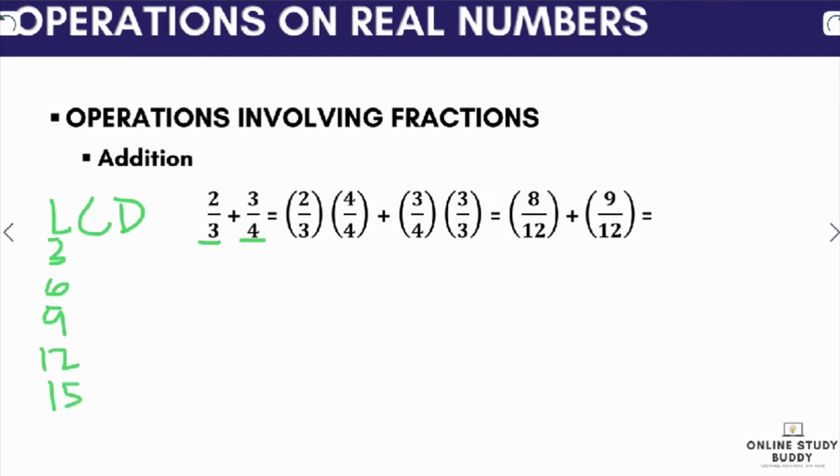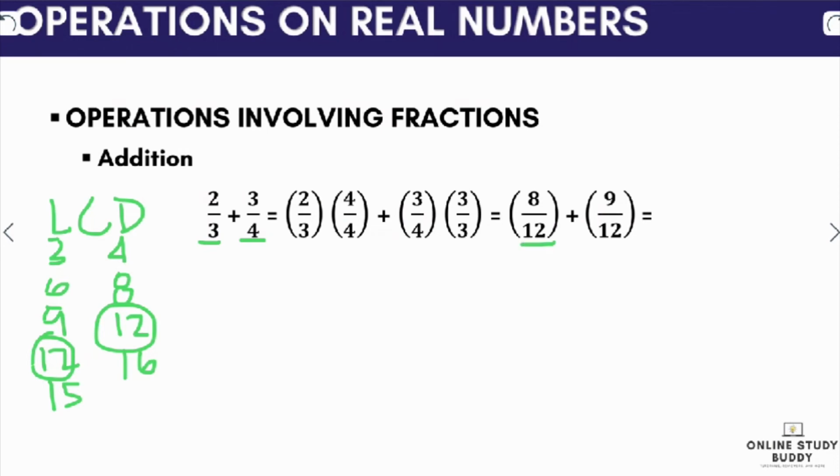Let's just stop there muna. Then, we're gonna list yung multiples ng 4, 4, 8, 12, 16. Stop muna ulit tayo dyan. So, in the list, makikita natin na yung least common multiple ng 3 at saka ng 4 ay 12. So, yung 12, yun yung magiging least common denominator natin.